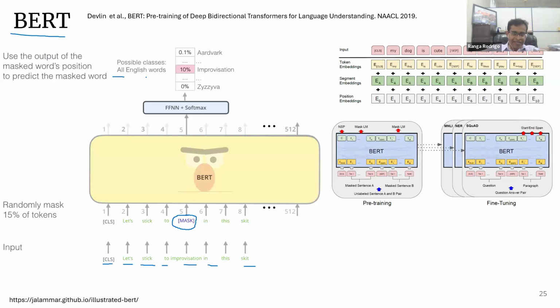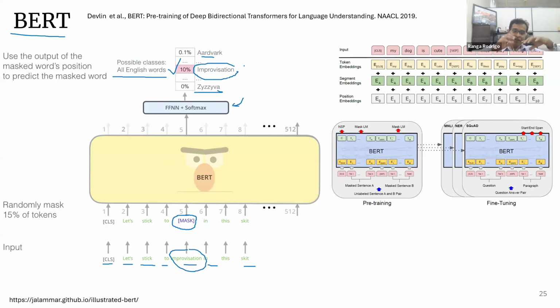Now, in English, maybe there are 50,000 words. So this network will produce probabilities for each of the 50,000 words, starting from aardvark to zizizwa. So hopefully for improvisation, that is the correct word here, that probability hopefully will be high. If it is high, that's good. That's the correct word.